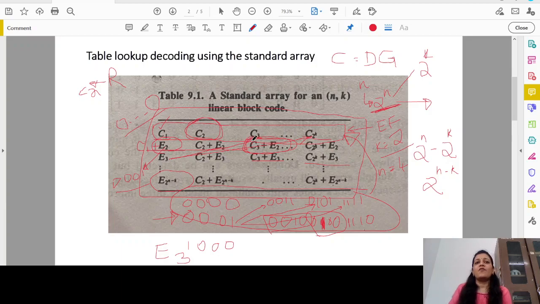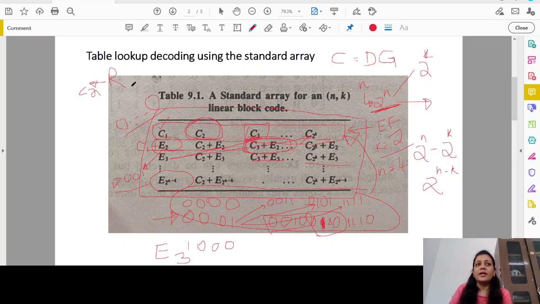That is why we are receiving C3 plus E2. Even though the transmitter is sending C3, the channel is adding E2, and that is why our received vector is coinciding with this element. Therefore, whatever received vector matches this element will be decoded as C3.